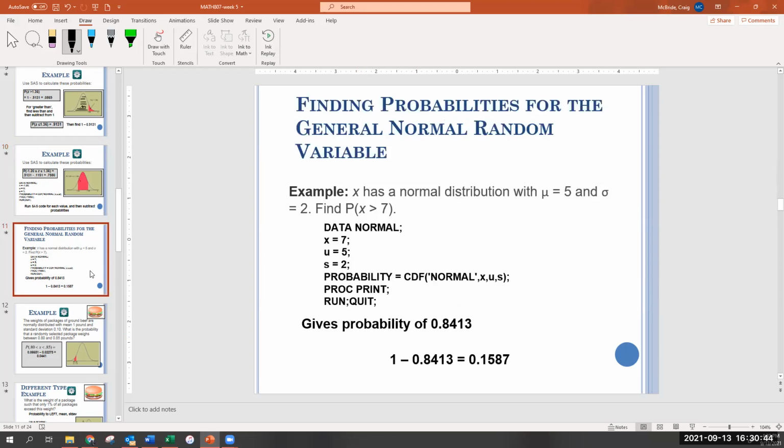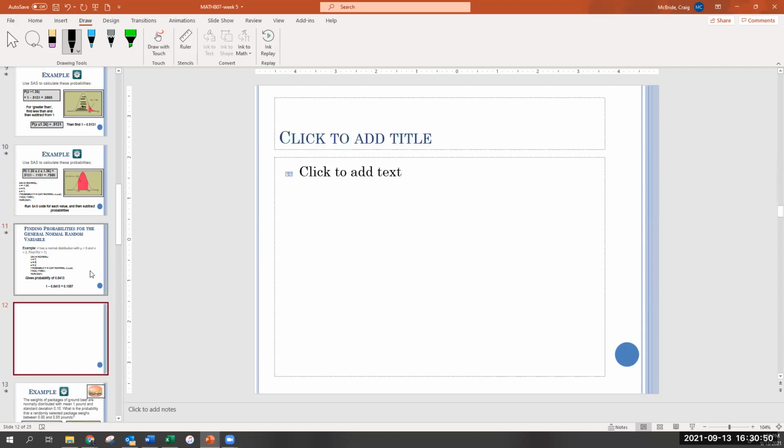So if I wanted to do an in-between, let me just do a slide. Let's say I wanted to calculate the probability of negative 1.5 is less than X is less than or equal to 2. Remember, it doesn't matter if it's less than or less than or equal to. That's why I put one of each.